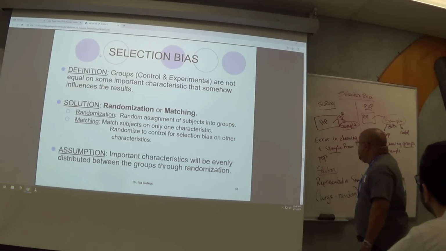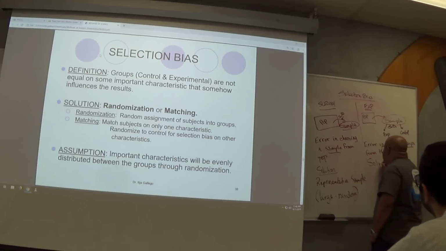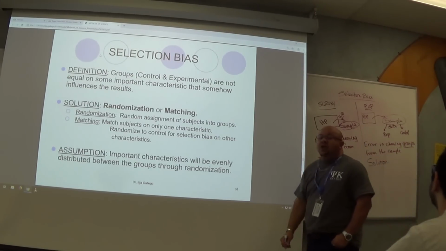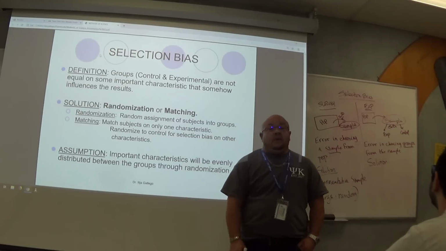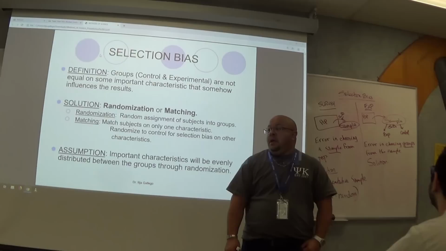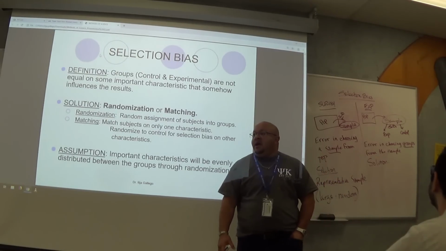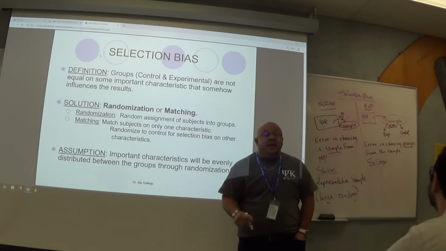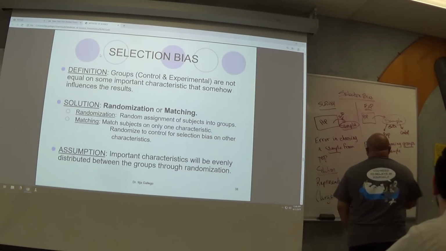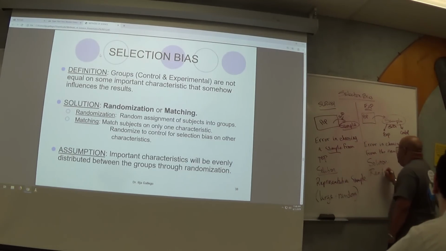Okay? And of course, our solution is what? Do you know? What do we do to solve that? You know what we do right there. Huh? And make it random. Random assignment. Okay? The solution is to use random assignment.